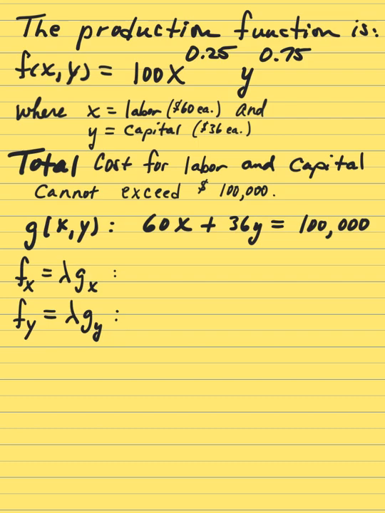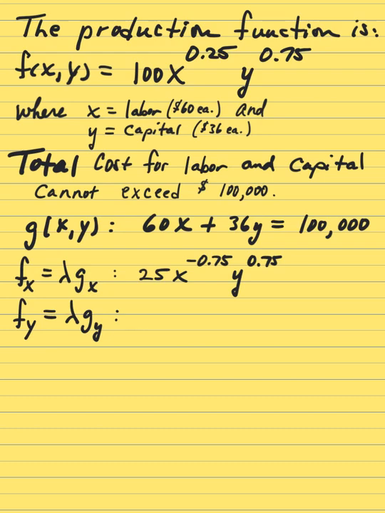So let's do that. 100 times 0.25, that's 25, x to the negative 0.75. When you take 0.25 and subtract 1, you get negative 0.75. The y term remains the same because we're only doing a partial with respect to x.